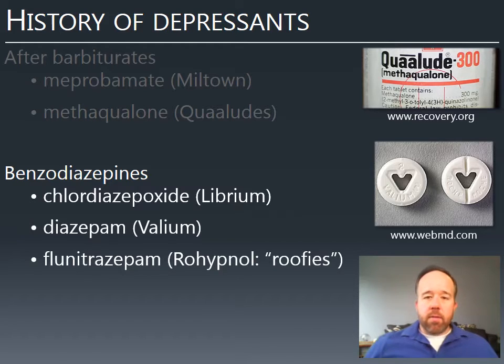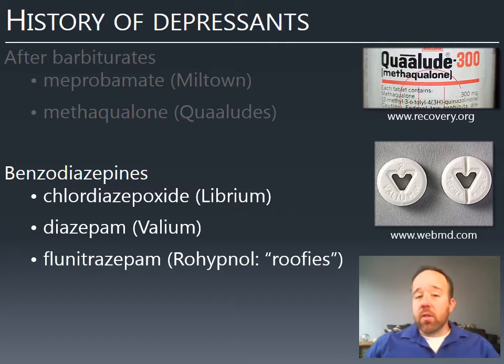You also have flunitrazepam, which is branded as Rohypnol, which you may have heard of. Its street name is roofies, which you almost certainly heard of, because it's often used illicitly as a date rape drug. So it's a substance that's used to sedate the person who takes it.